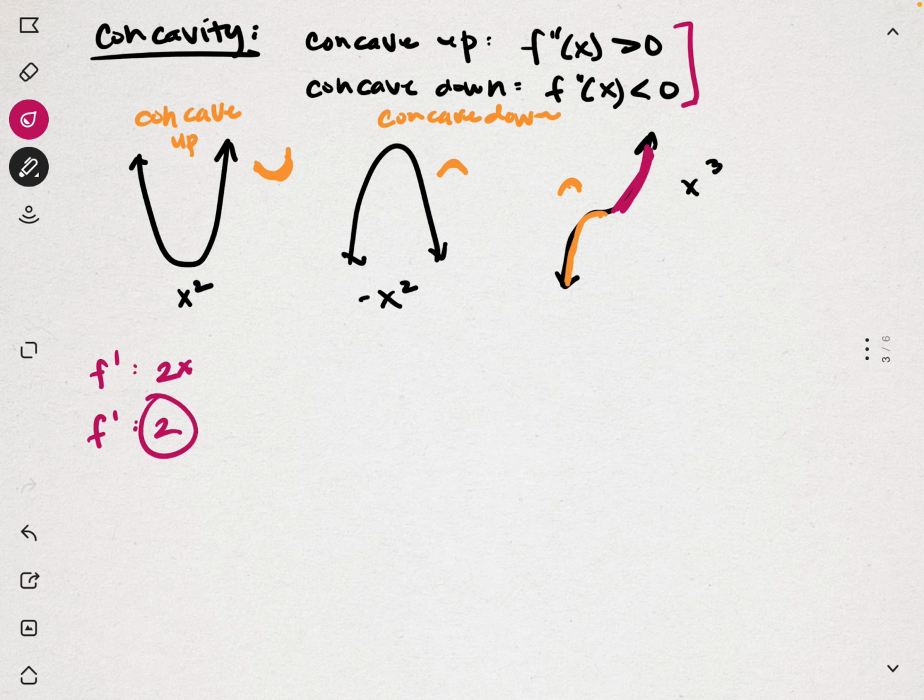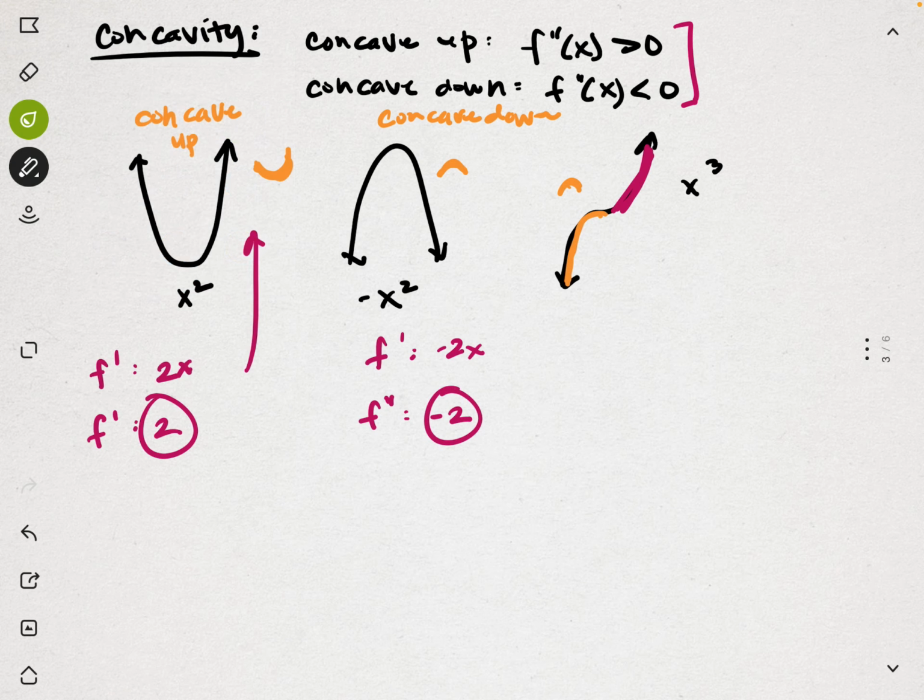So throughout this function, since the second derivative is positive 2, it's always concave up, which makes sense, right? Because a parabola for x squared is always concave up. Likewise, if we did negative x squared, which is concave down, first derivative is negative 2x, second derivative is going to be negative 2, so it's going to be concave down the whole way.